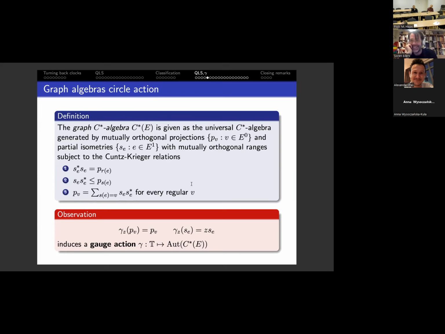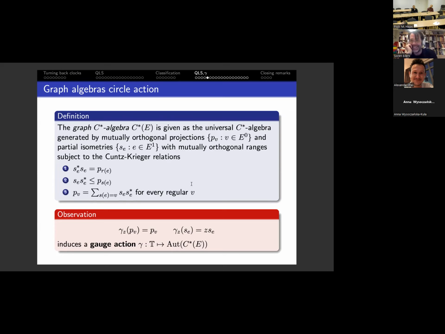So this loop that you see up here is now gone, because instead of a loop which points from this vertex back to itself, it points from the vertex at time t to the vertex at time t plus 1. So the loop becomes a horizontal line. It's a very efficient way: it kills all loops because there's no way you can move back in time. So this is why this graph has no loops.